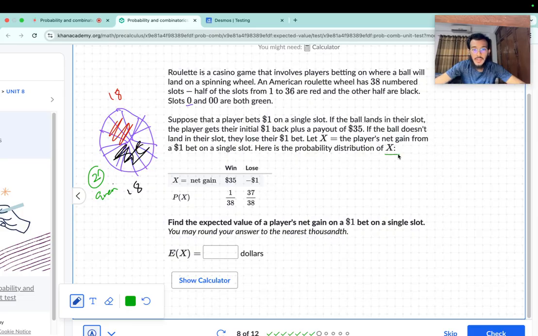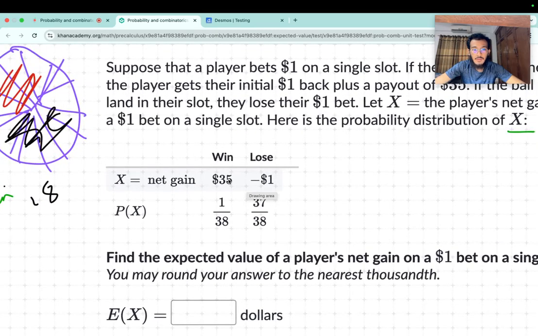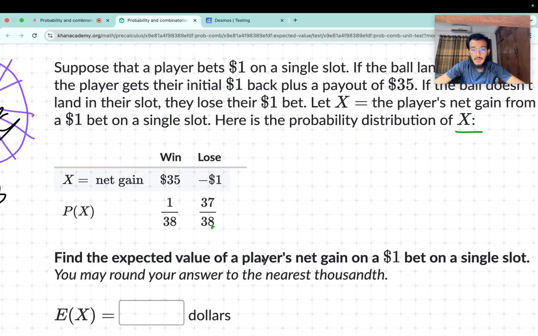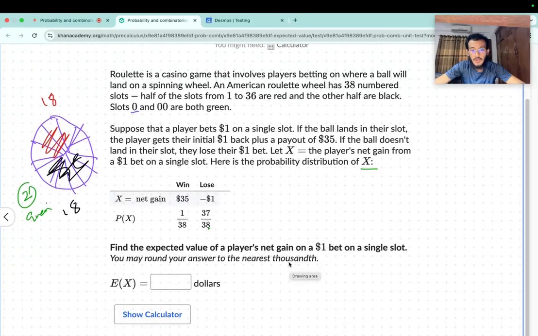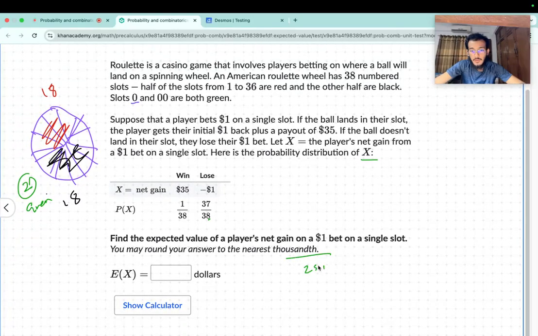Here's the probability distribution of x. If you win, you get 35, with a probability of 1 out of 38, and if you lose, you get negative 1, with probability 37 out of 38. Find the expected value of a player's net gain on a $1 bet on a single slot. You may round your answer to the nearest thousandth.